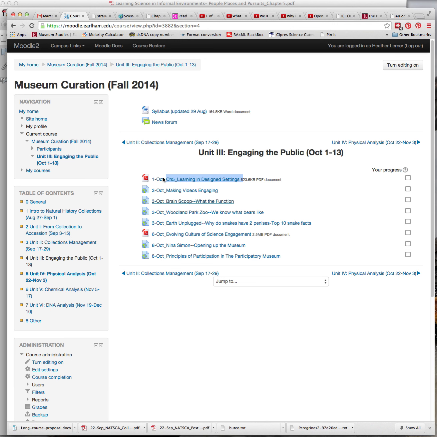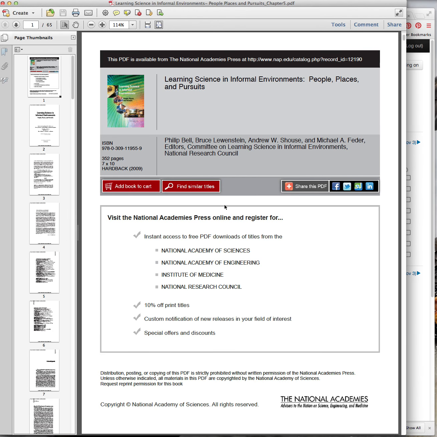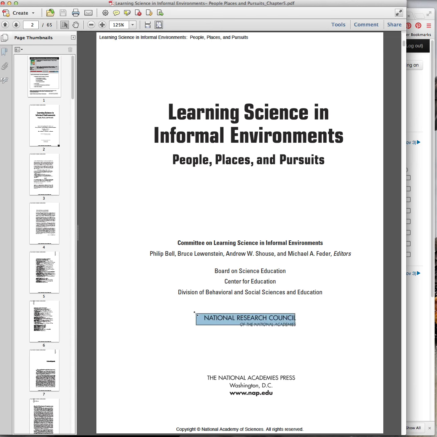So starting with this very first Chapter 5, this is a report from the National Research Council of the National Academies of Sciences. They are advisors to the nation on science, engineering, and medicine.